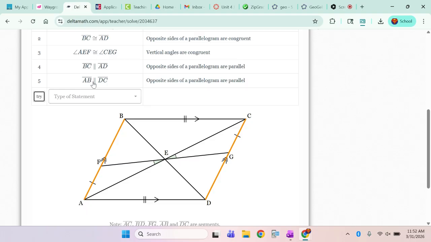Right. Three letters for angles. CEA? That's a side. AEF? That's the angle we already have.